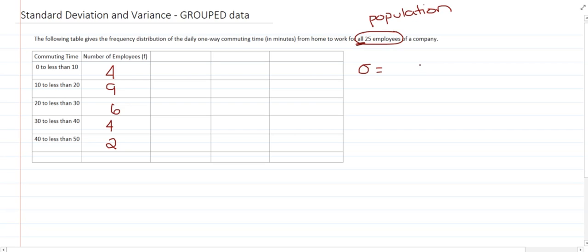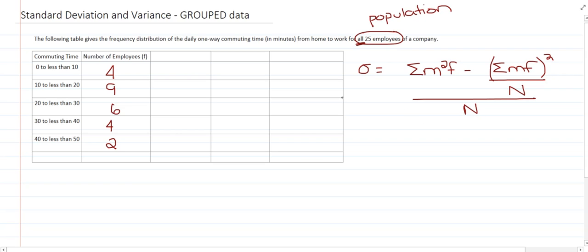We have the sum of the midpoint squared times the frequency, minus the sum of the midpoint times the frequency, that's squared, divided by the population size, N, and then that whole thing divided by N again, and then the square root of all of that. So that is going to be our standard deviation formula. And then the variance is just without the square root. So the variance is the standard deviation squared.